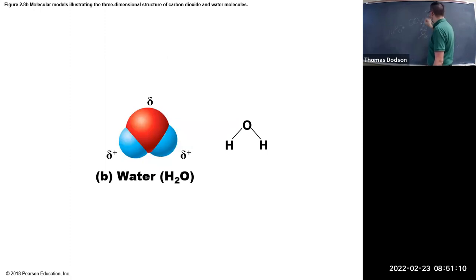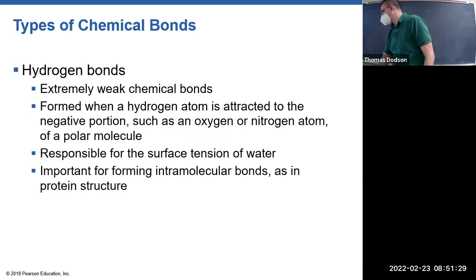And this is hydrogen bonds. It's not just between water, but you also get this between DNA strands. We see it in the folding of proteins: the alpha helix and the beta sheet are held together by hydrogen bonds.